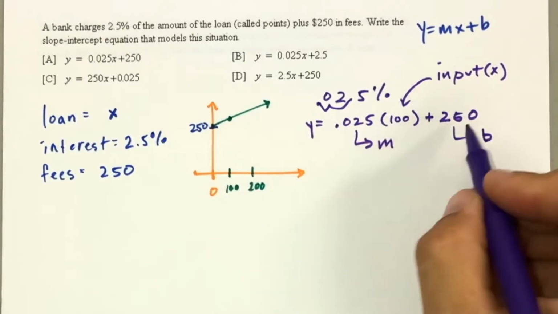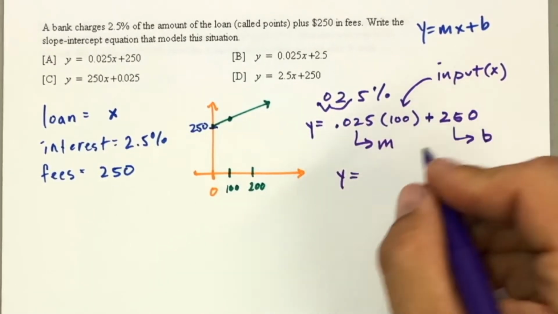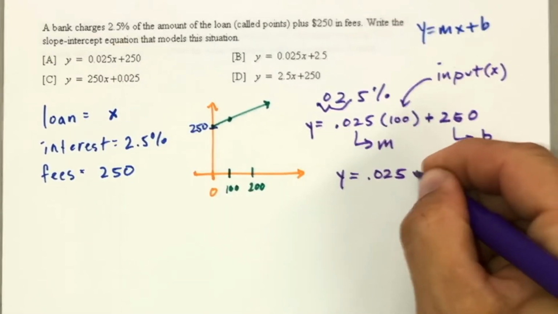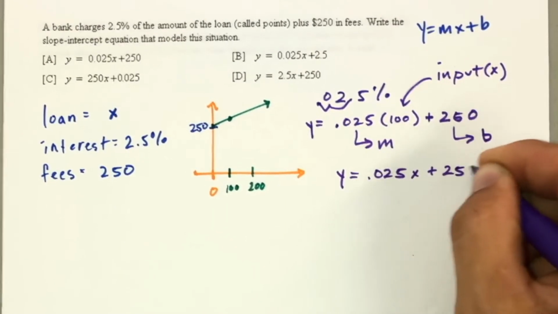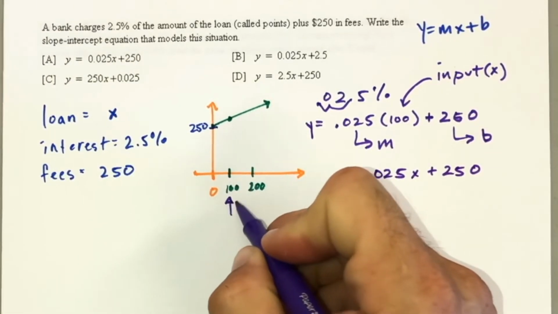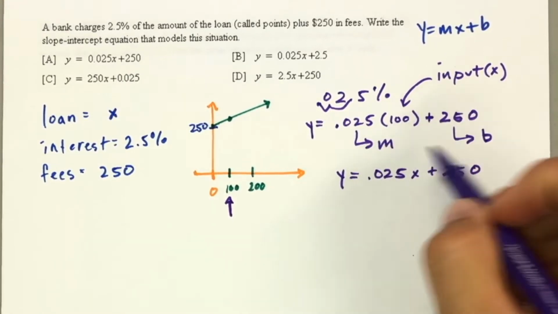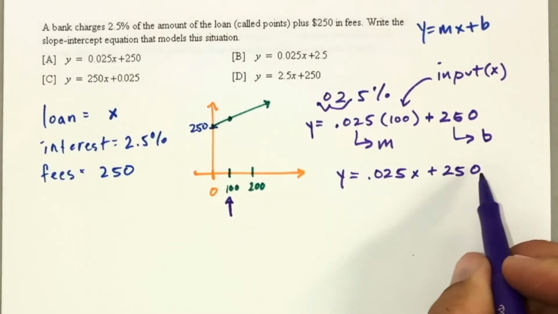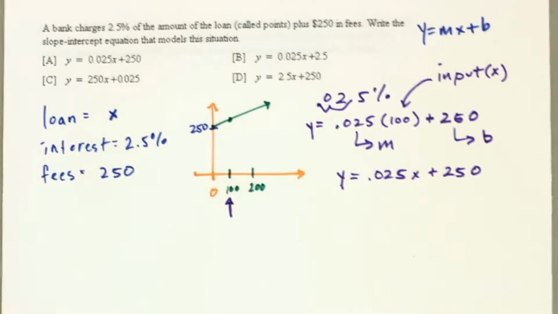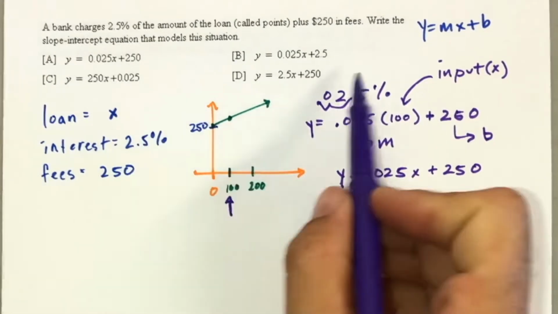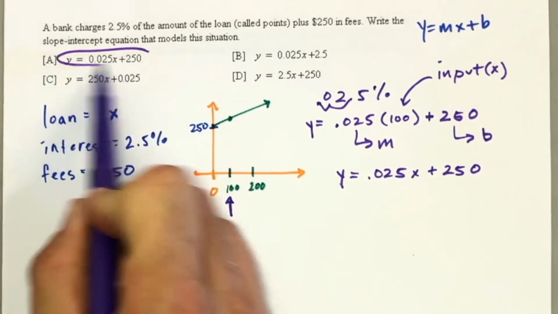So I could come up with my y equals mx plus b by creating a graph and running an example or a simulation, putting in an arbitrary value of 100, and figuring out what that would give me, I could come up with my graph here and come up with an output. So this is a good way to come up with our answer here, let's say, of 2.5x plus 250. This is the equation we're looking for.